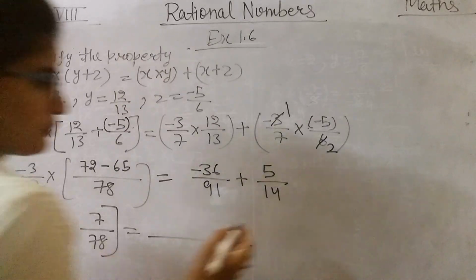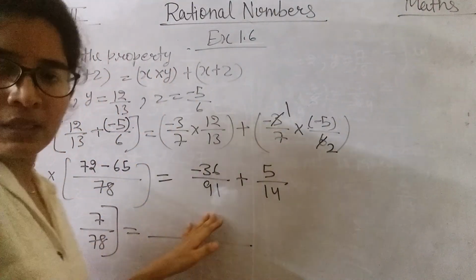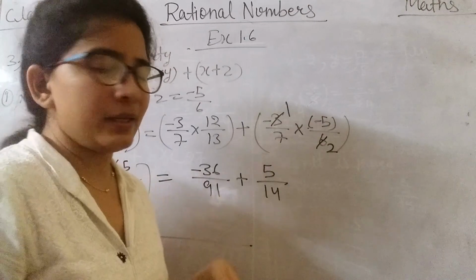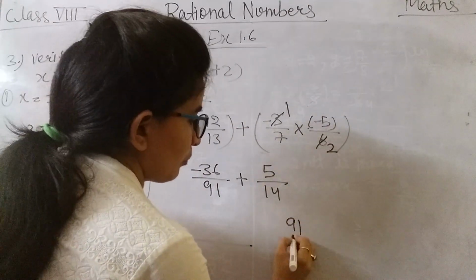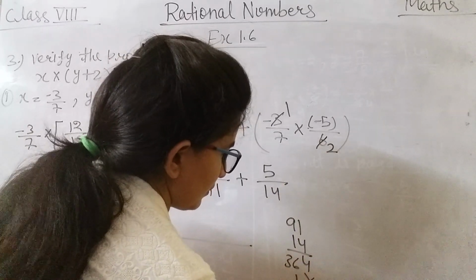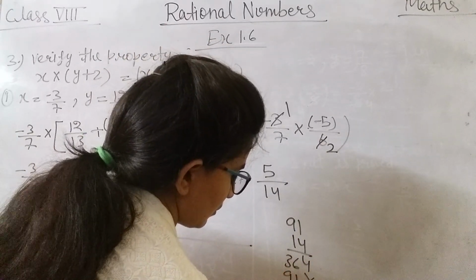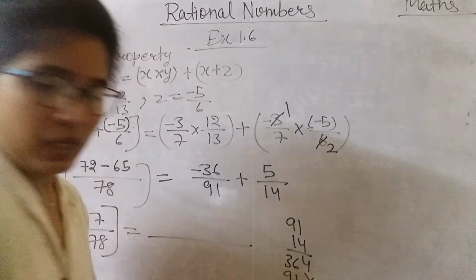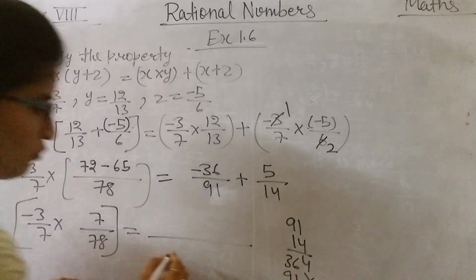Again they are not coming in the same table, so we can multiply them together, that would be 91 upon 14. We have 1274.